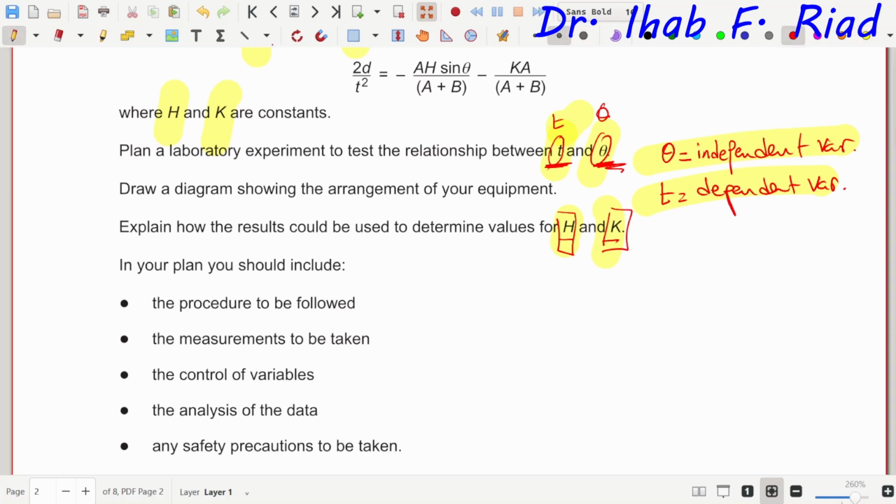It is going to be something like this: 1 over t squared is equal to minus a h O divided by 2d(a plus b) sine theta minus ka divided by 2d(a plus b).